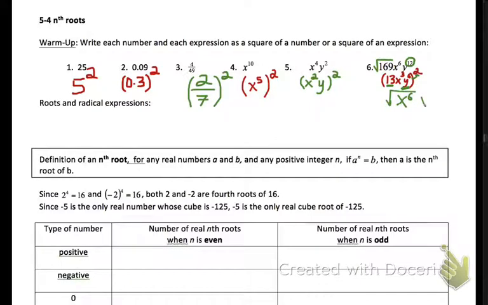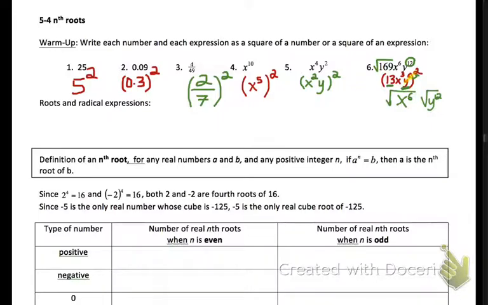If you do a square root of y to the 12th, you would get y to the 6th. So this idea of breaking an expression or a number down into a square of a number or a square of an expression, basically what we're doing is a square root.